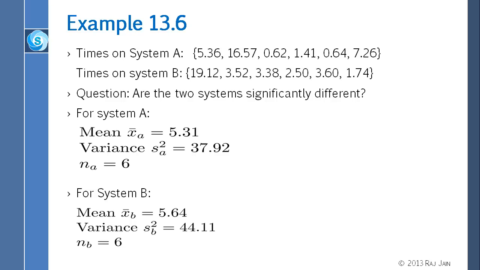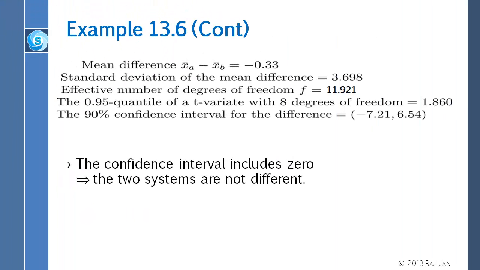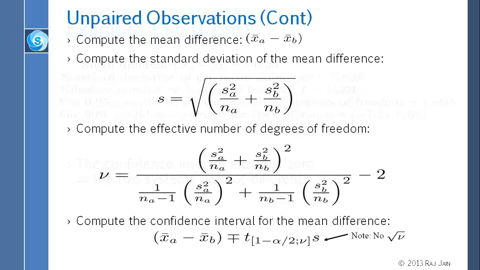So we compute the mean and standard deviation for the first, and the mean and standard deviation for the second. We compute the difference of the means, and the standard deviation of the mean difference. This 3.698 came from this formula.